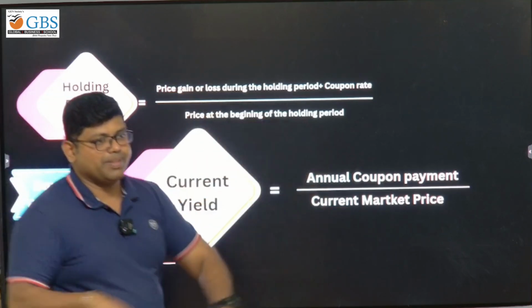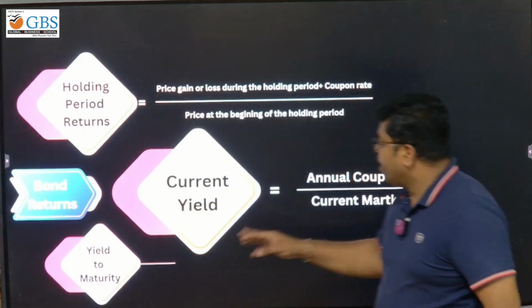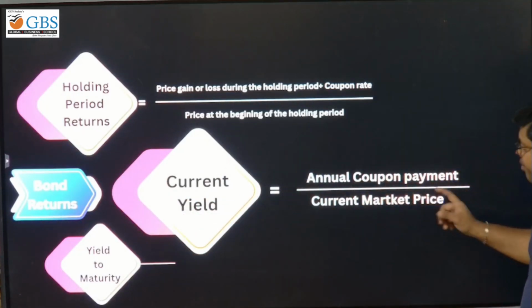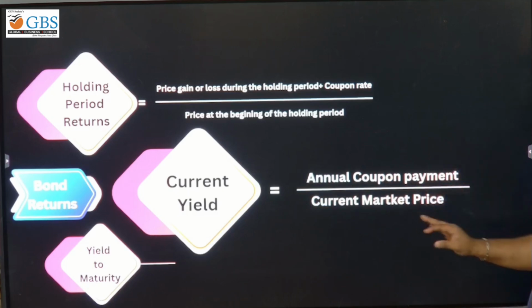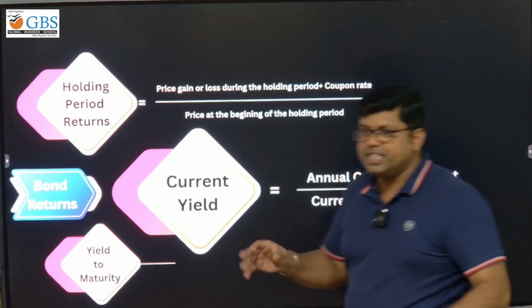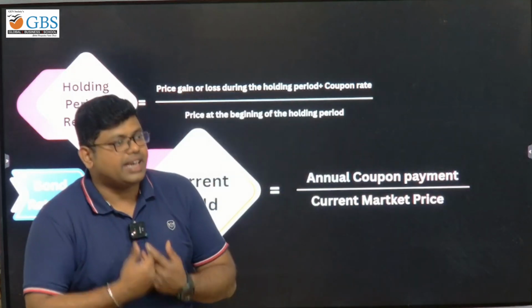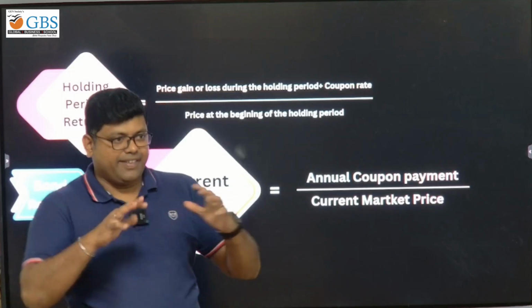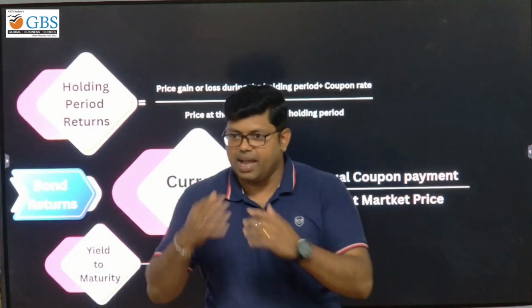So in our example, first let me tell you, current yield is equal to annual coupon payment divided by current market price. You are not selling it, you are just finding the current yield. Again, I am a corporate.